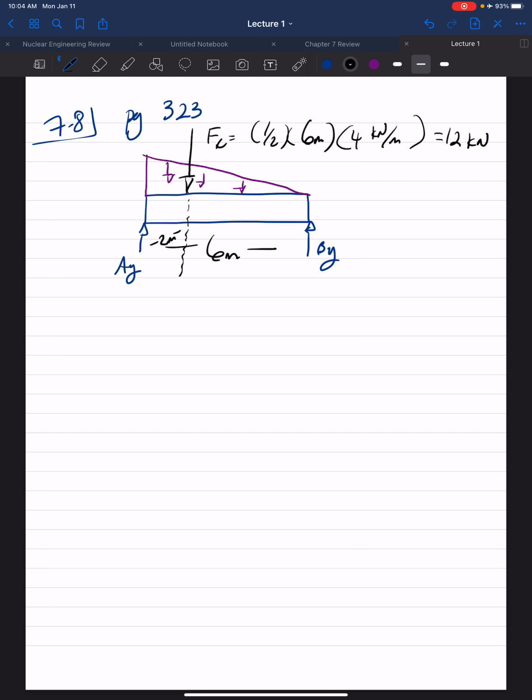So to figure out support reactions, if we take the sum of the moments about point A, counterclockwise rotation being positive, you have BY times 6 meters minus the resultant force from the distributed loading, so 12 kilonewtons times 2 meters.